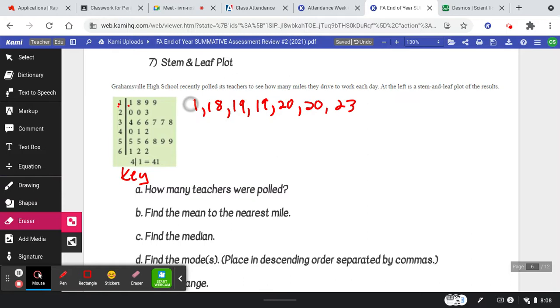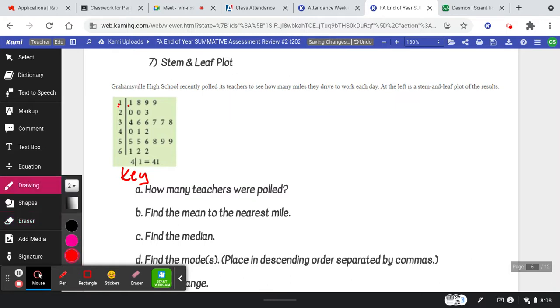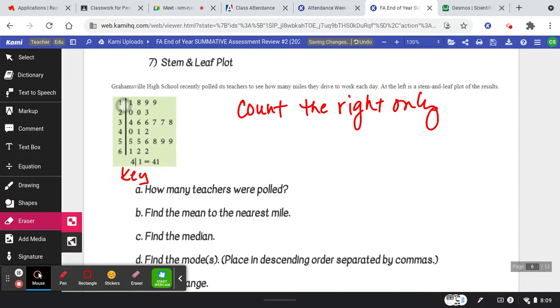So when I'm going to count this, I'm actually going to just count the right-hand side. So take a minute to count just the right like I am. 1, 2, 3, 4.